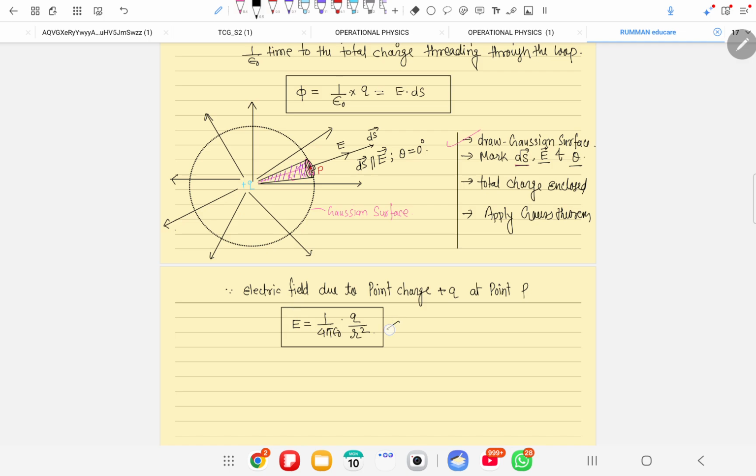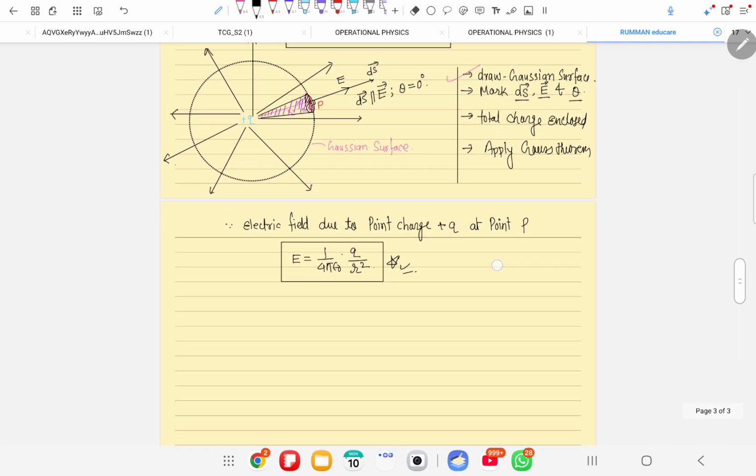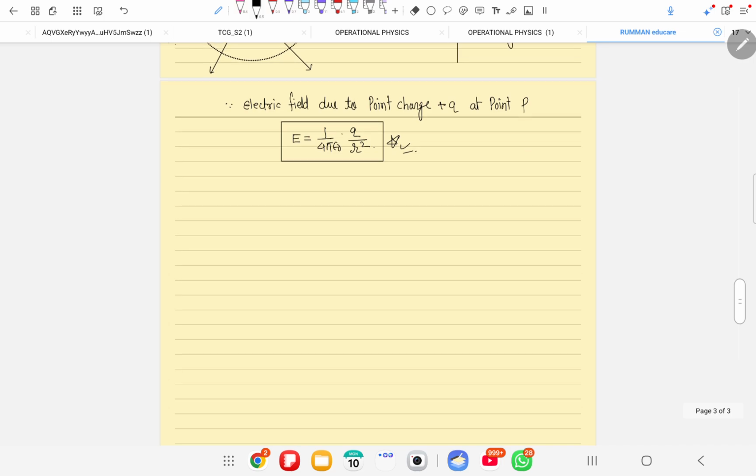According to the flux, phi is equal to E dot ds, or the surface integral of the electric field over the closed surface, E ds cos 0 degrees. Why cos 0?